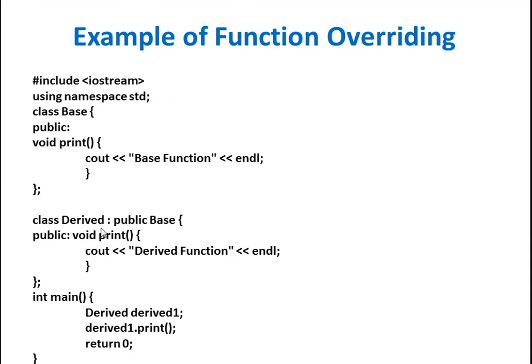This print function is already inherited into the derived class, still the derived class overrides that function with this code. In main, one object of the derived class is created, and derived1.print will print this replaced definition of print. This is function overriding.